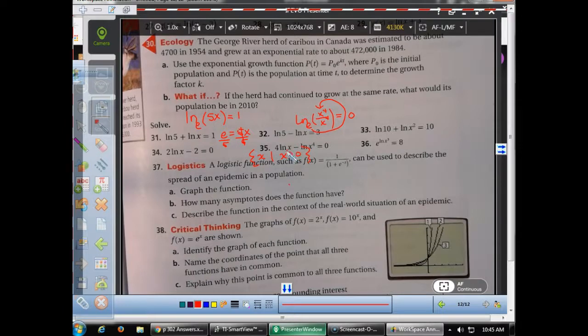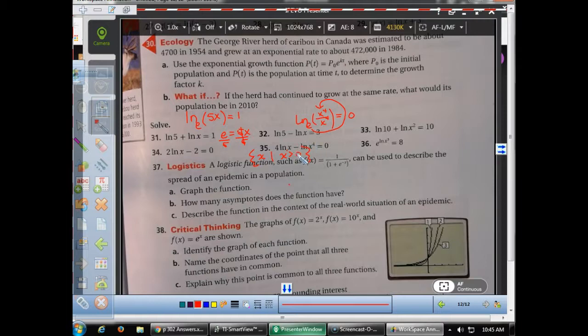But I cannot take the ln of a negative, okay? Or 0. 0 over 0 will not work here either. So it has to be something bigger than 0 because you can't divide by 0. That is a tricky problem, just trying to get you to see the concept. So I wouldn't worry too much if you don't understand this writing of it. It's a kind of weird problem. It's intended to get you to think about the domain, essentially, of the original problem.